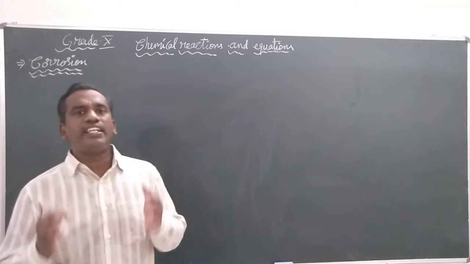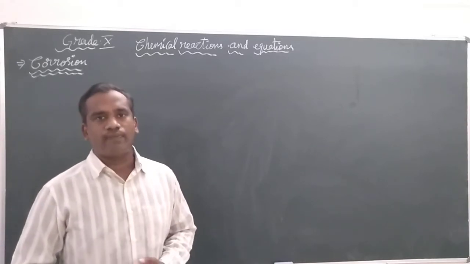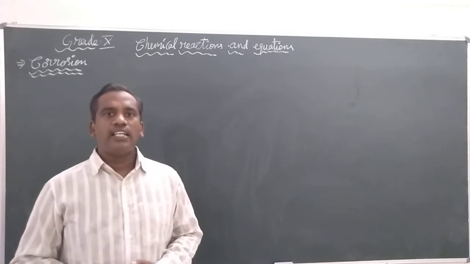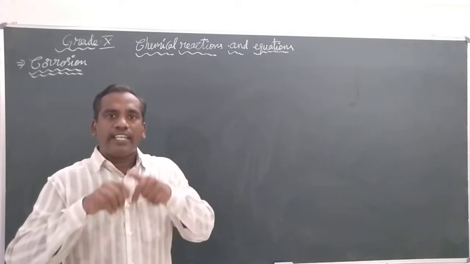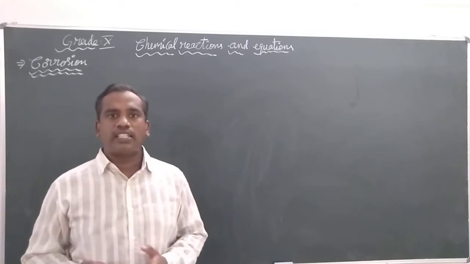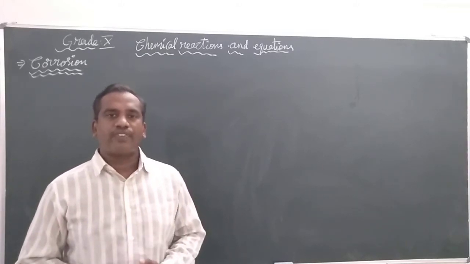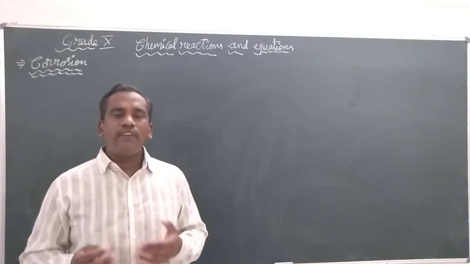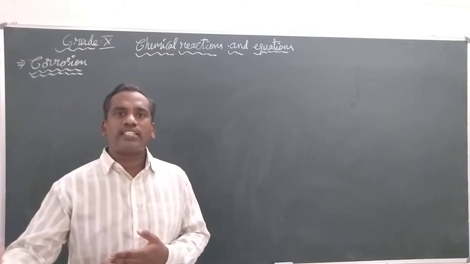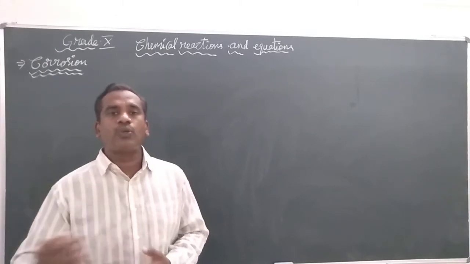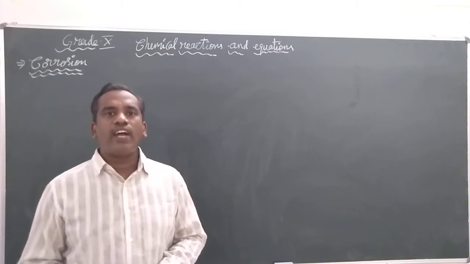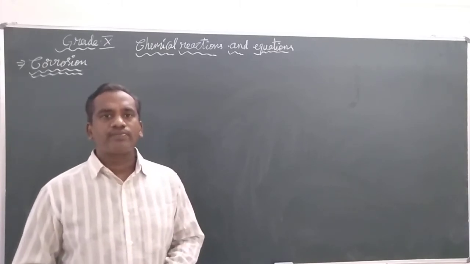Let us take a very simple example. When you get any iron, the particles of the iron on its surface are lustrous, or shiny in nature. But when you leave that iron piece in moisture for a longer duration, like 2 months or 3 months, do you still find it shiny in nature?